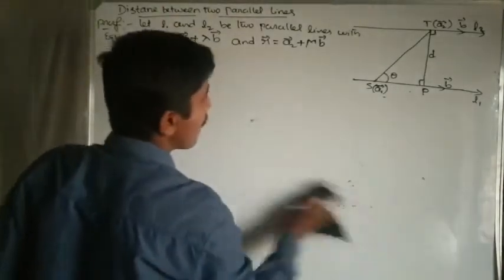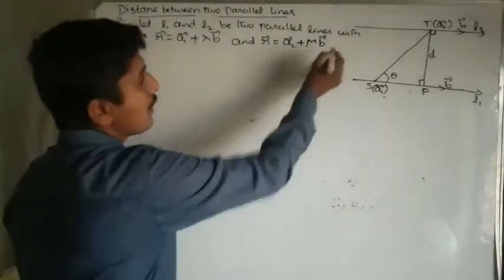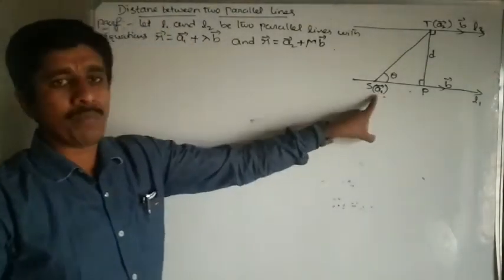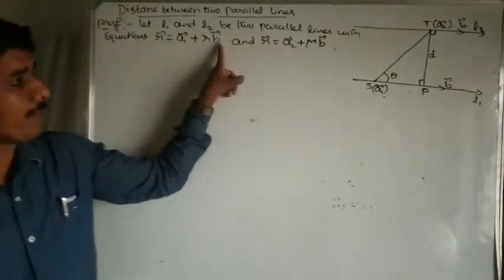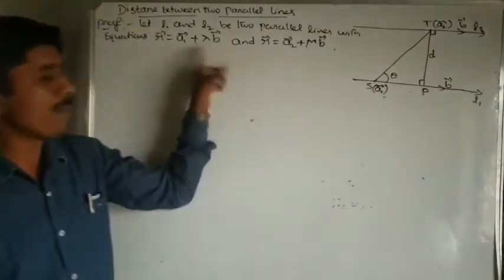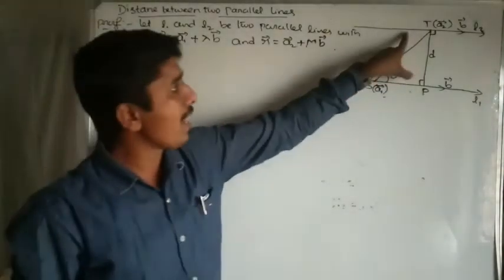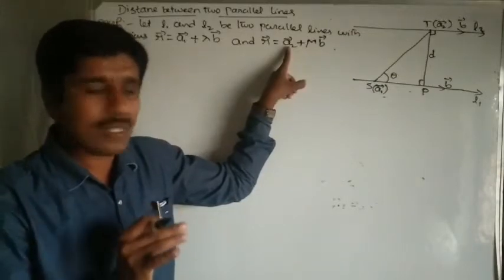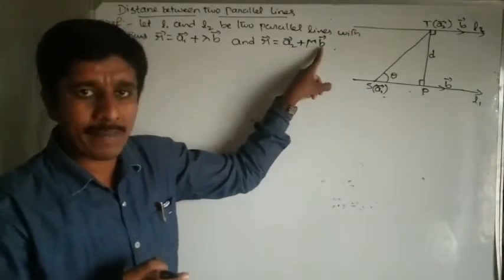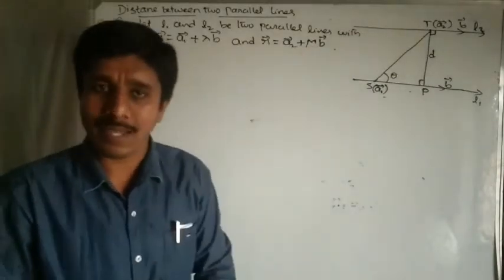Very important: the first line passes through the given point whose position vector is A1, parallel to vector B, and lambda is a scalar. The second line passes through the given point whose position vector is A2, parallel to vector B, and mu is a scalar.